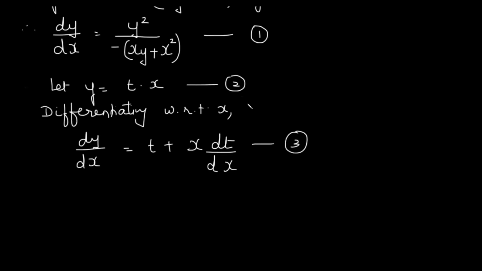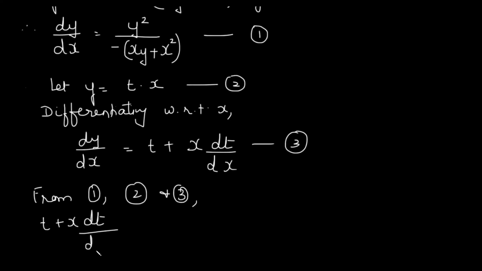Now from 1, 2 and 3, what do we get? Observe over here now. In 1, dy by dx is given, but from the third equation dy by dx can be substituted as t plus x dt upon dx. So equation 1 becomes this way, that is instead of dy by dx we write t plus x dt upon dx.